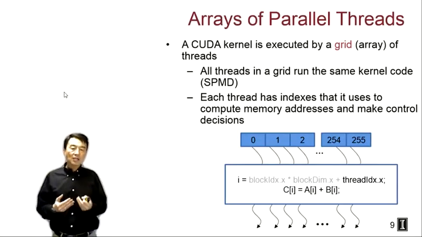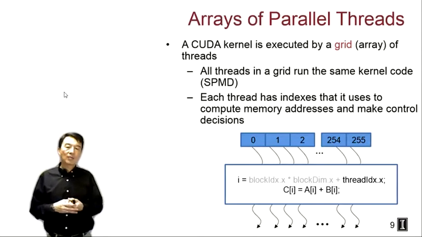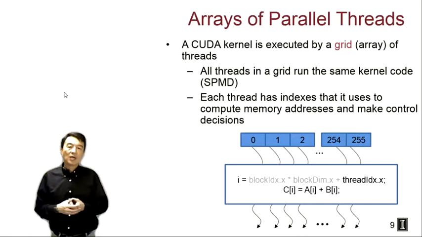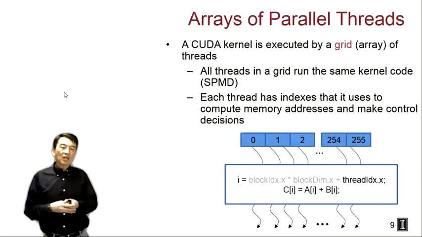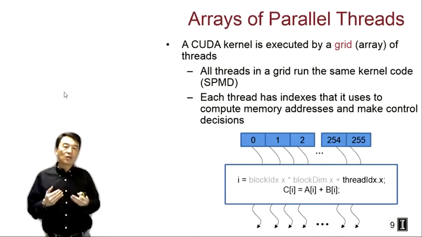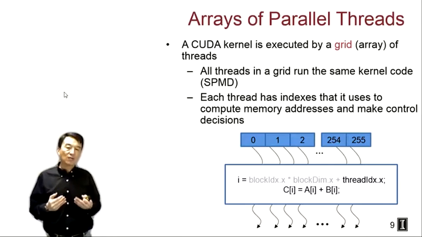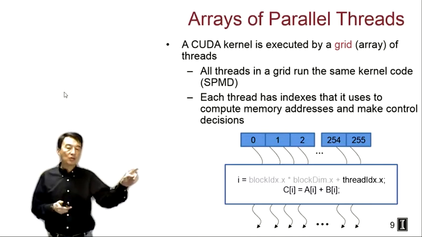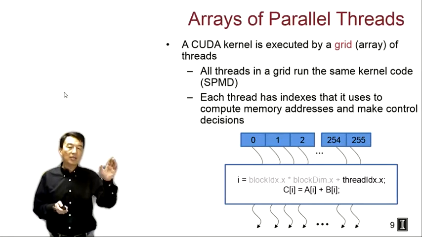So let's go into the way a CUDA programmer thinks about threads. Whenever a CUDA kernel is executed, it's executed by a grid or array of threads. Here we show a one-dimensional thread block, and let's assume for the moment that the grid has only one thread block.